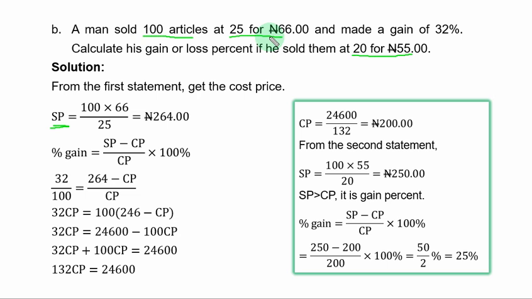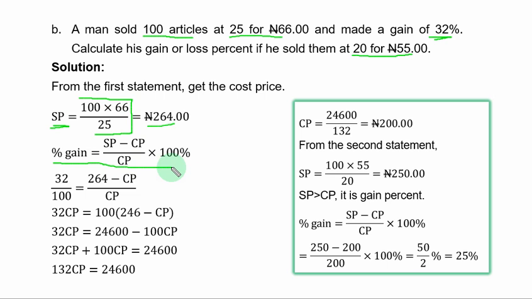Put all together, you can obtain the selling price by multiplying the 100 articles by 66 and dividing by 25, and that gives 264 naira.